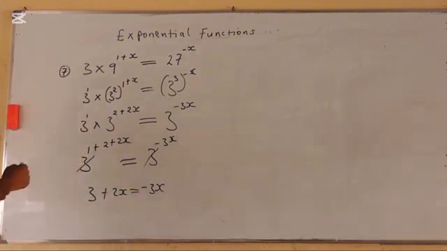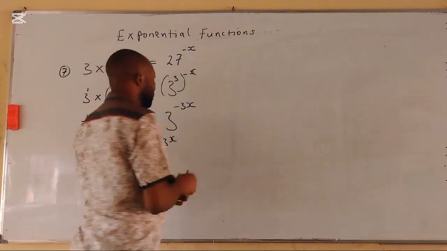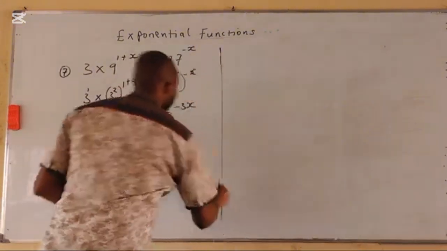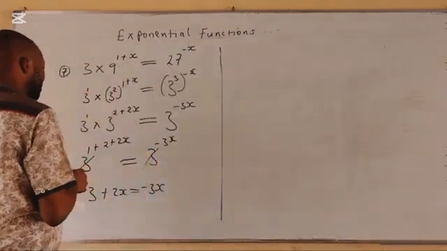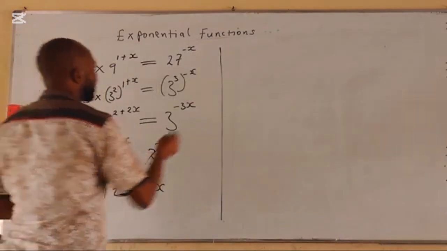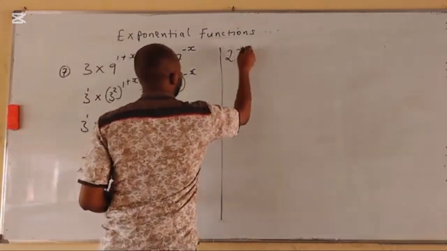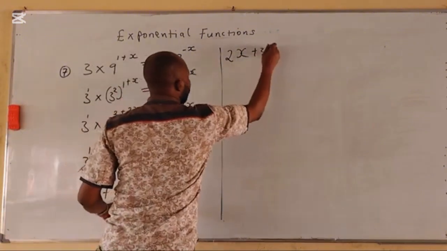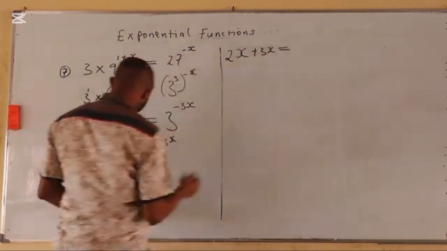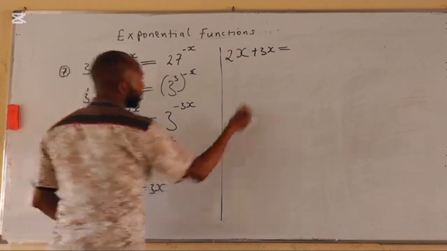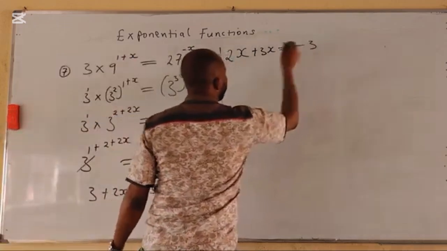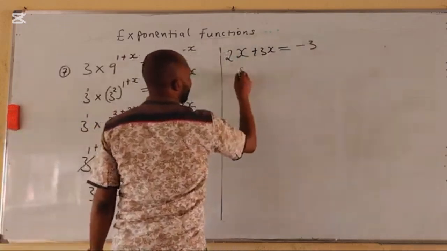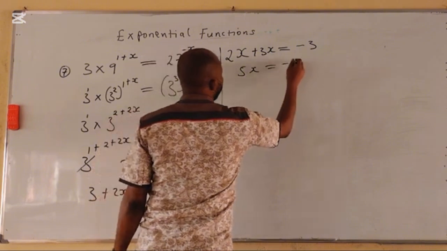Collection of like terms. Okay, let's come this way. I have 2x, which is this. This is minus 3, crossover becomes plus 3x, is equal to, this is my plus 3, crossover to this side becomes minus 3. Now this is 5x is equal to minus 3.